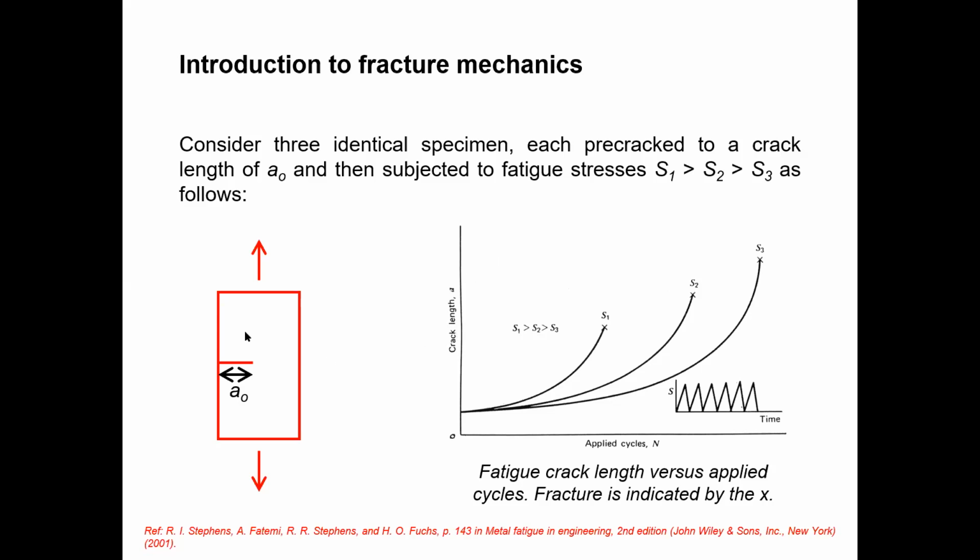until a higher crack length. That means the effective cross section reduces as the crack propagates. The crack propagation means this crack will penetrate to the other side. So with the number of cycles, this crack will propagate in this direction, because this is tension and the crack will open. There is high stress somewhere here.